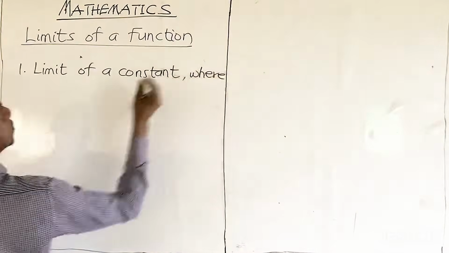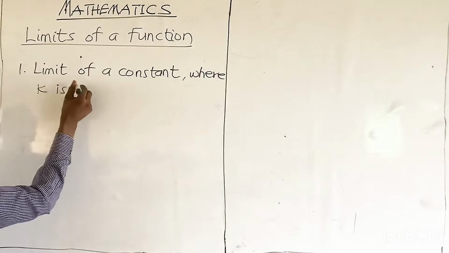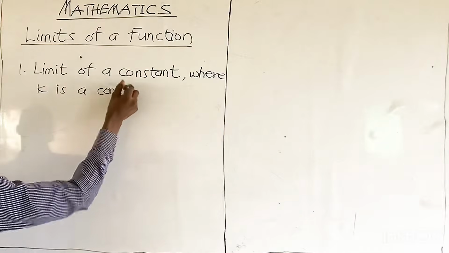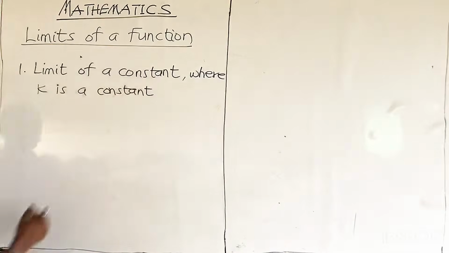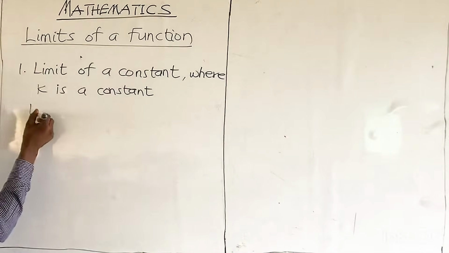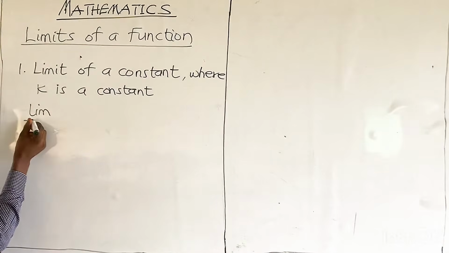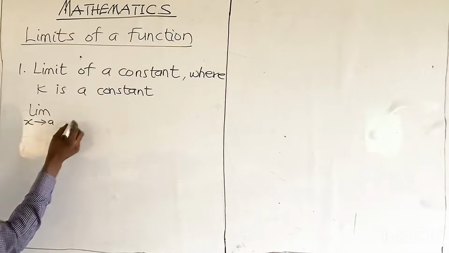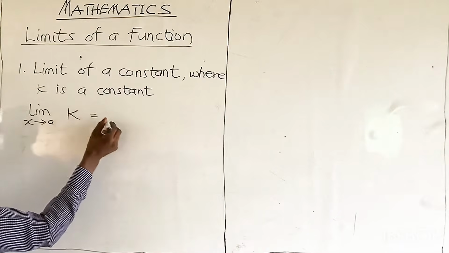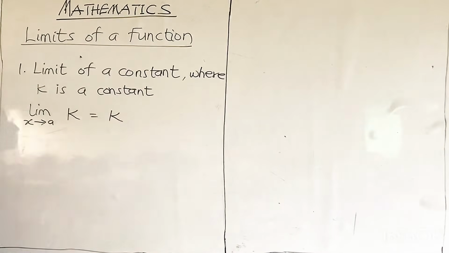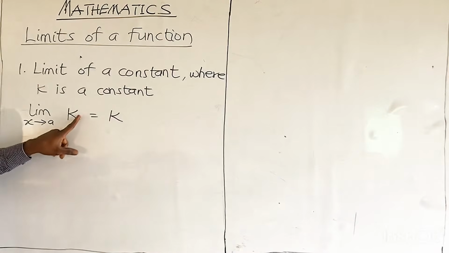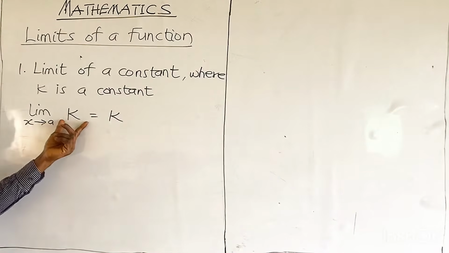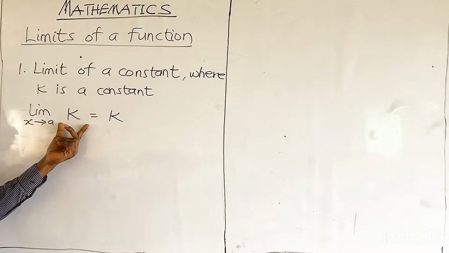Where k is a constant. I am using k to represent the constant. Now when you have limit as x approaches a of a constant k, then you still get k, because we don't have any value of x in this expression.